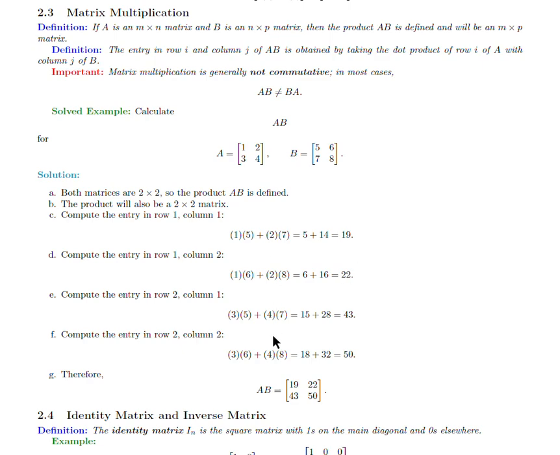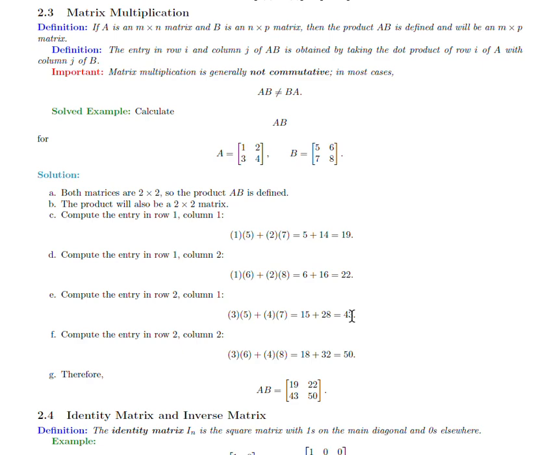For row 2, column 1 in your product, you take row 2 in your first matrix against column 1 in your second matrix. You can see the pattern, you can see how it's going. So that will be 3 times 5 plus 4 times 7.